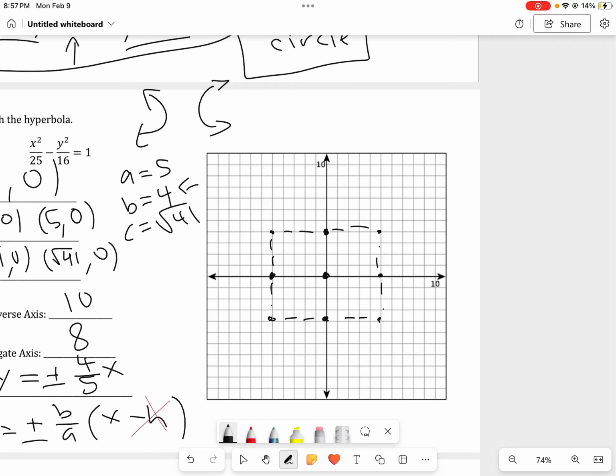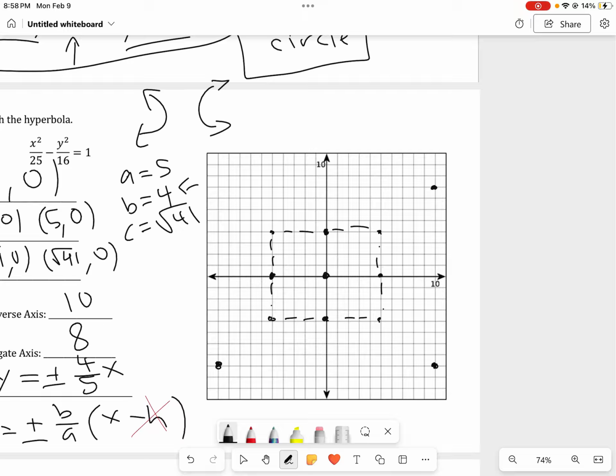We start our asymptotes from the origin because it doesn't have a starting point. So we go up 4, right 5. Do it again, up 4, right 5. And then we do the same thing down here: left 5, down 4, left 5, and down 4.